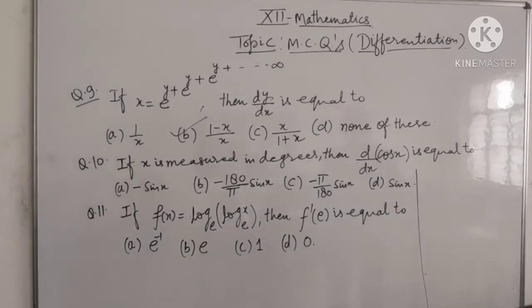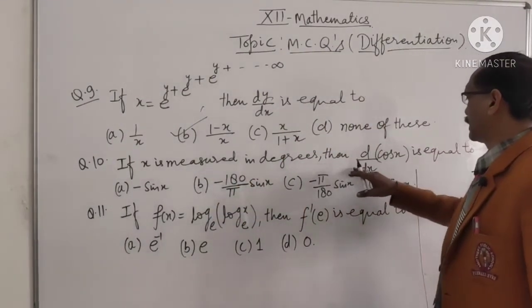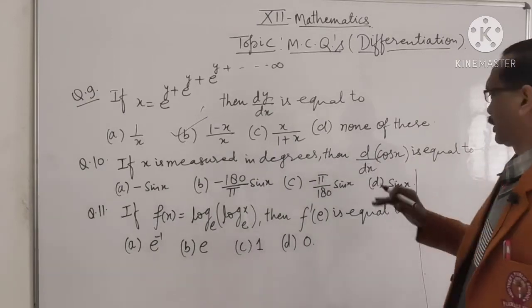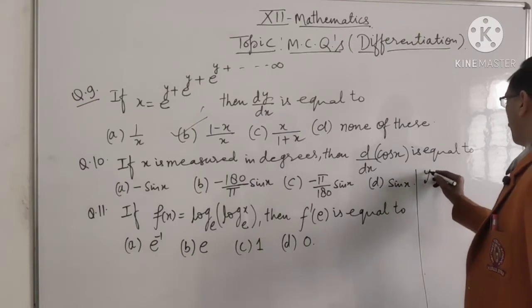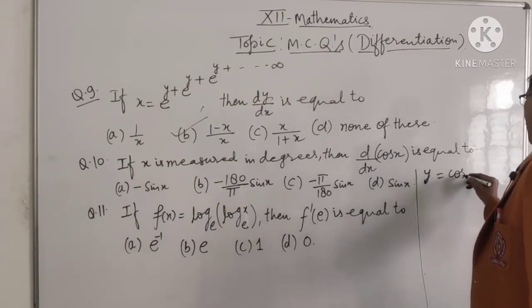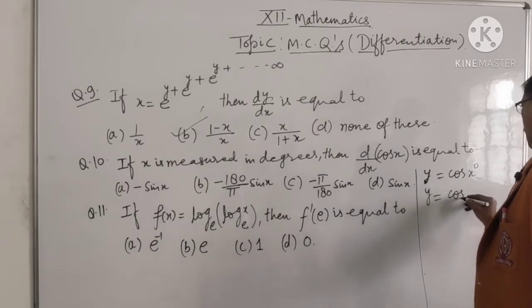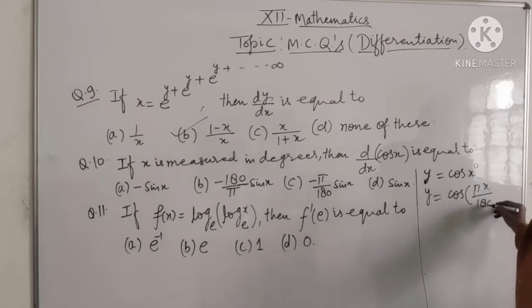Now, question number 10. If x is measured in degrees, then d over dx of cos x is equal to what? So, here let y equal cos x degree. So we will write y equals cos of pi x upon 180.